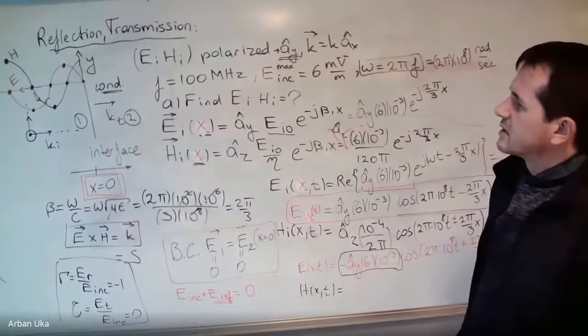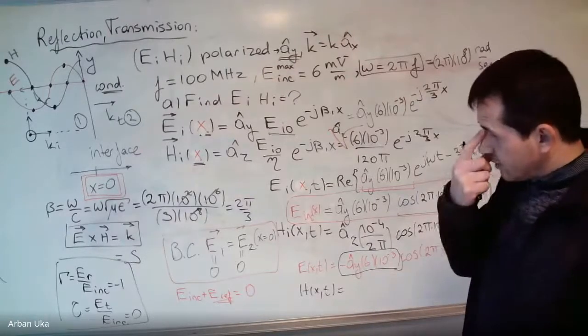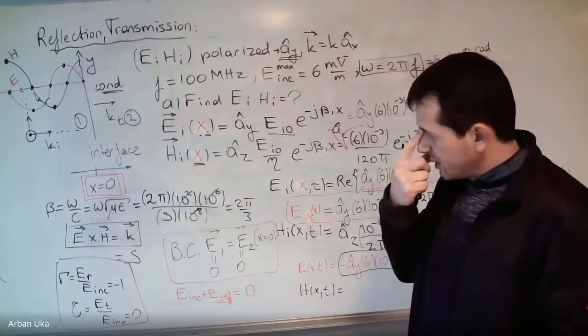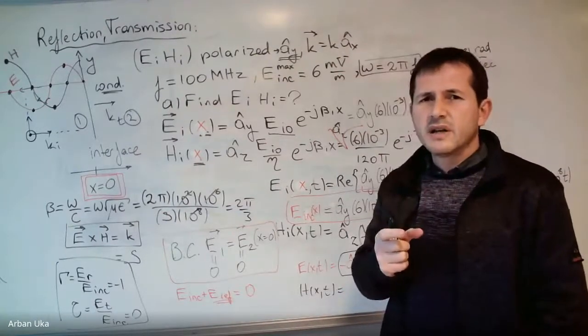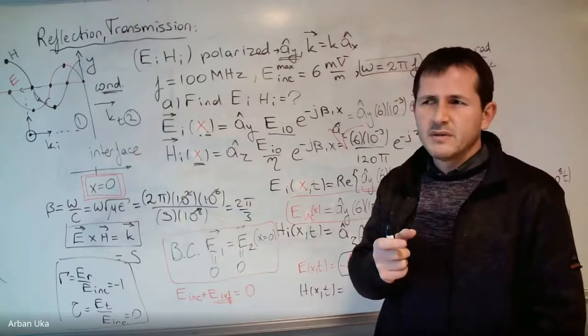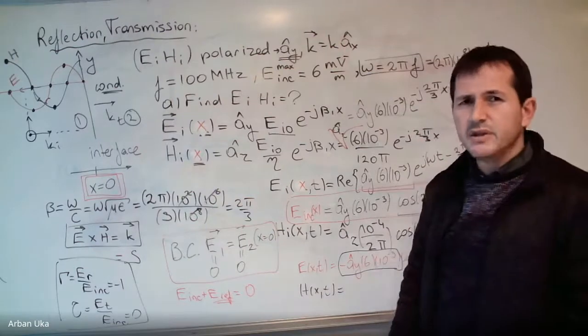Yeah, that is a good point. But let's think about this problem this way. In the same wave, the electric field and the magnetic field are in phase, because we are in air, not in a conductive medium.